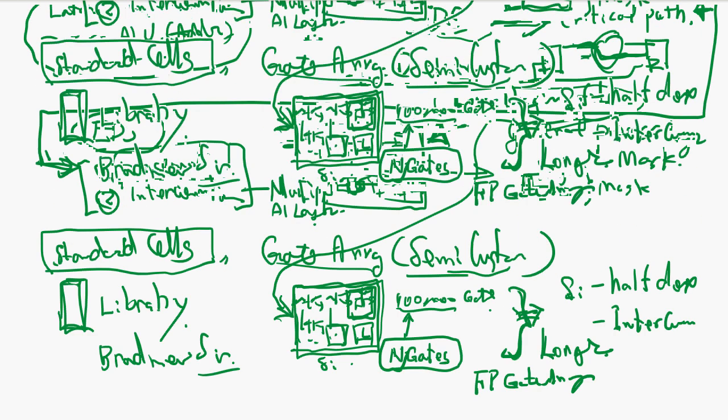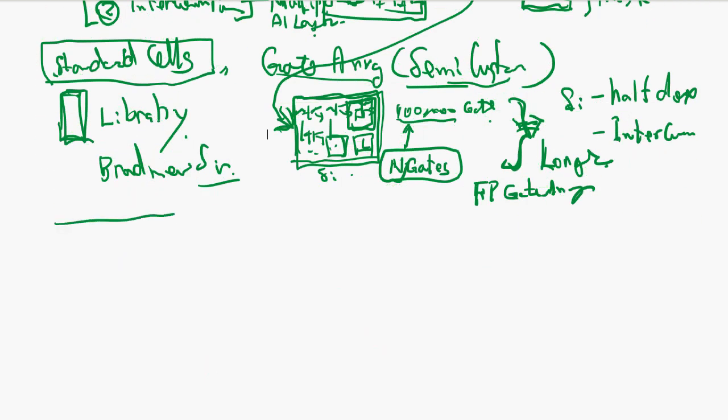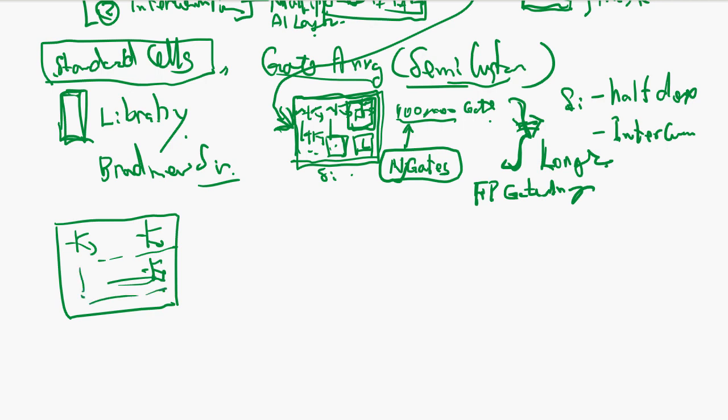What they do is you have a lot of transistors already, an array of transistors, and the possible interconnection is made all over, and there is a fuse all over, and based on the interconnection requirement, the fuse is cut and realizes this gate array.